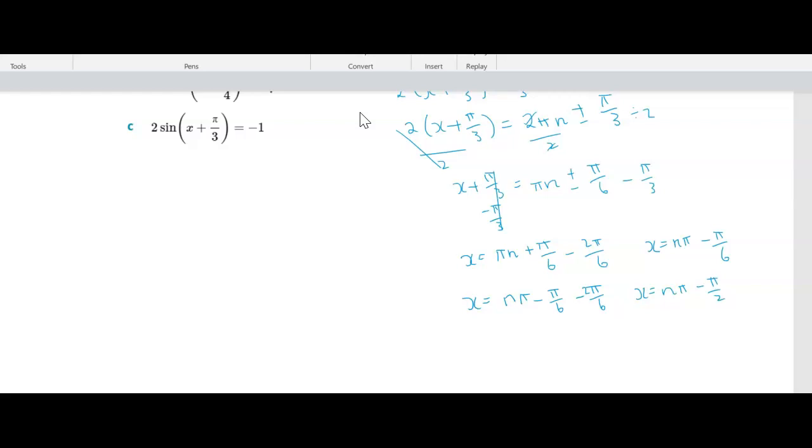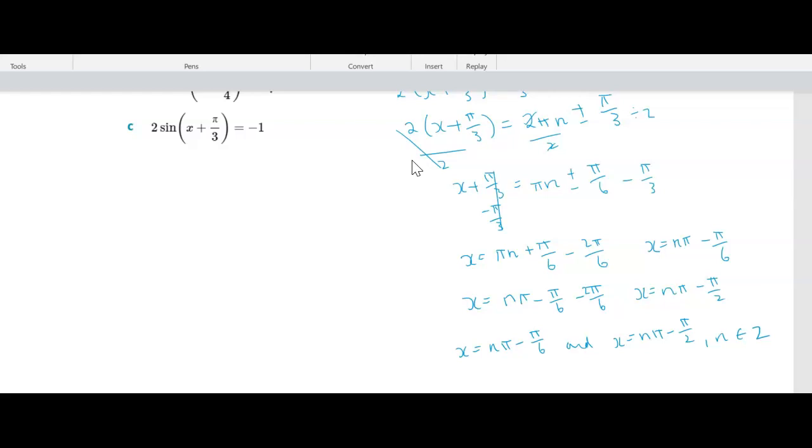So the solutions are x equals n pi minus pi on 6 and x equals n pi minus pi on 2, where n is an element of z.